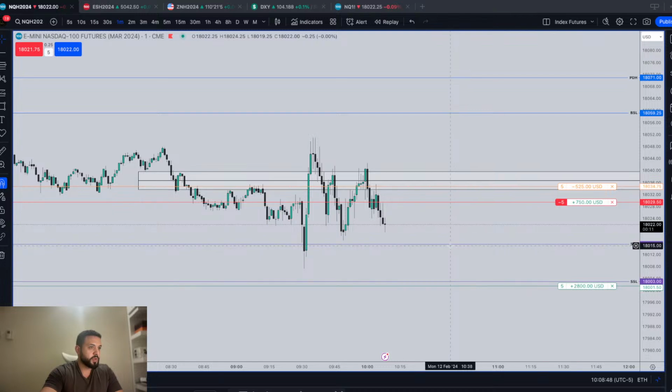So if we dip below that initial sell side liquidity, then we're good to go.